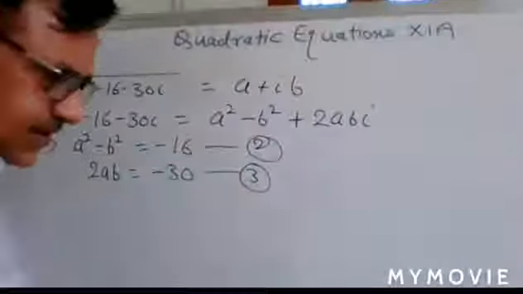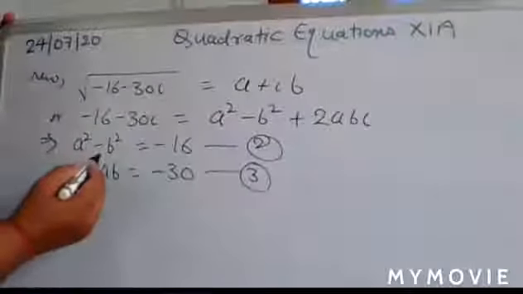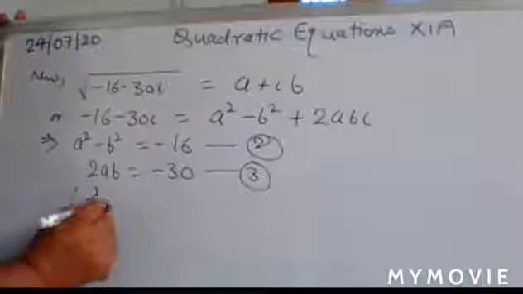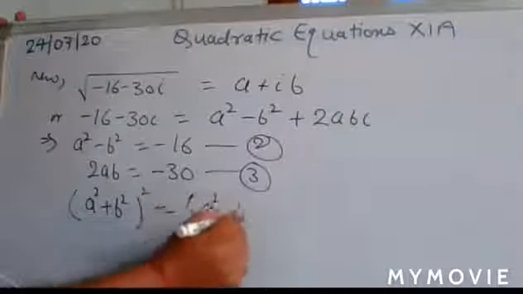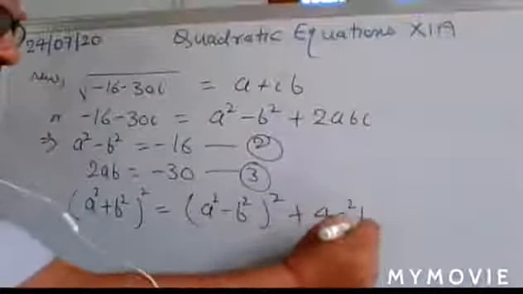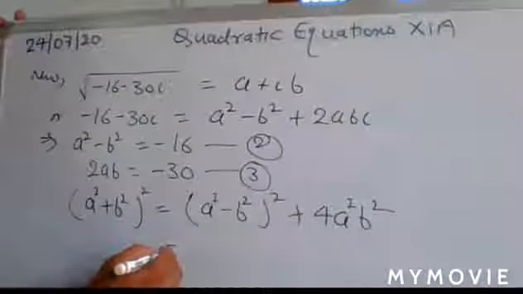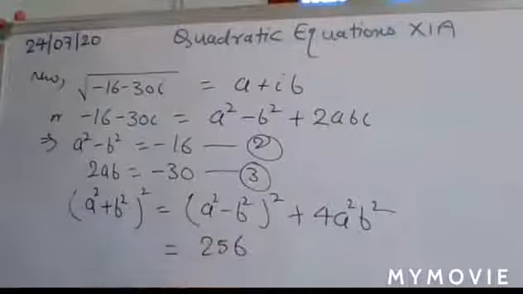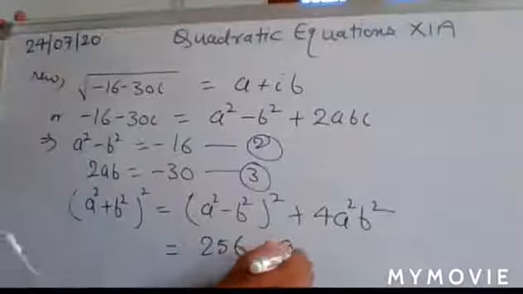So here you again apply an identity. Here you have the value of a square minus b square. So you know a square plus b square whole square is equal to a square minus b square whole square plus 4 times a square b square. Using that identity, the square of this one is 256 and the square of this number is 900.